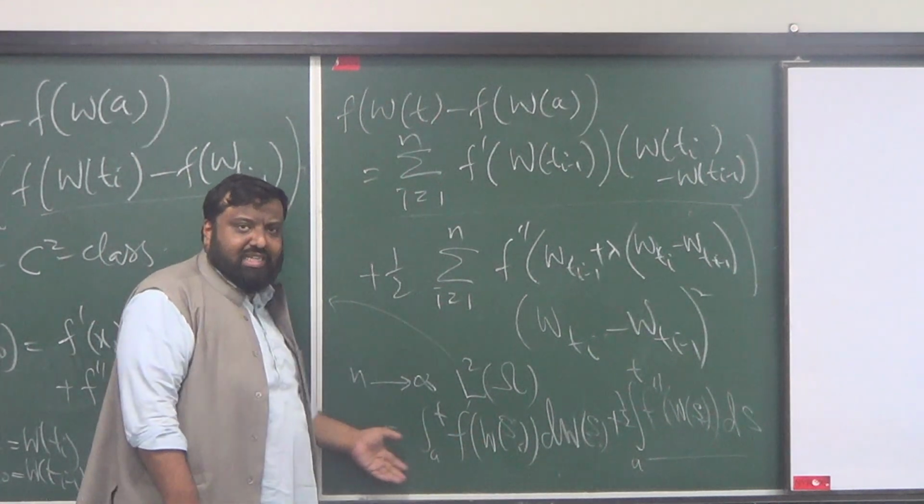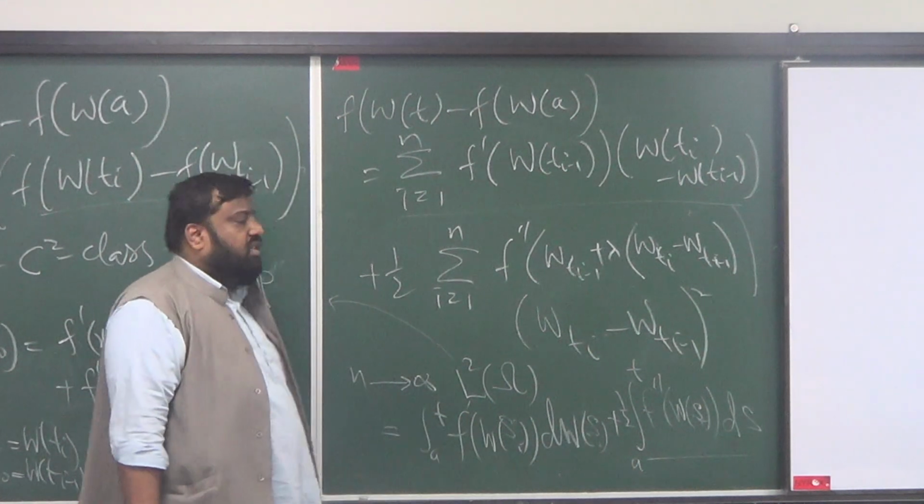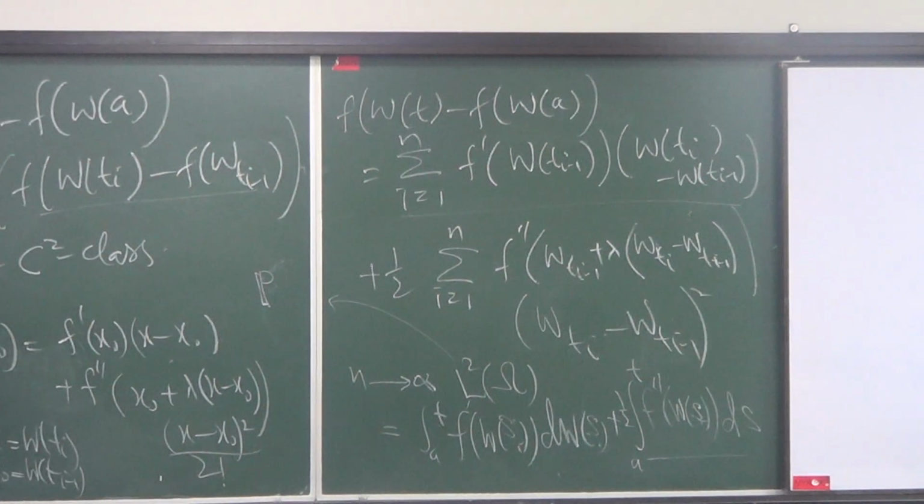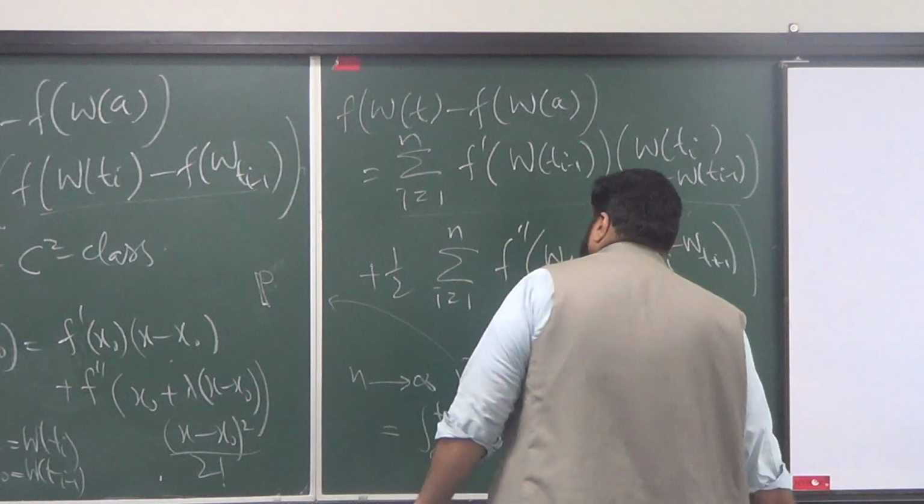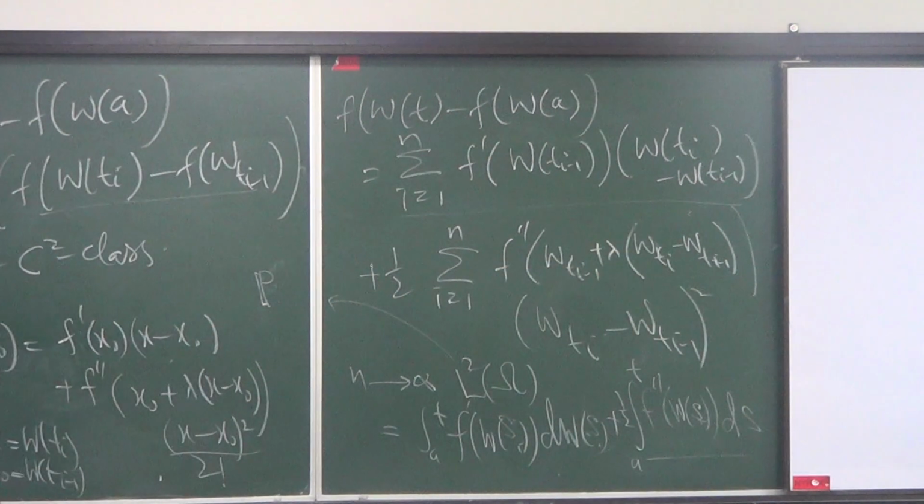So I'm going to get a version of almost sure convergence. So let me summarize what I have done. Okay. So I'll do the detailed proof of it, but not now.